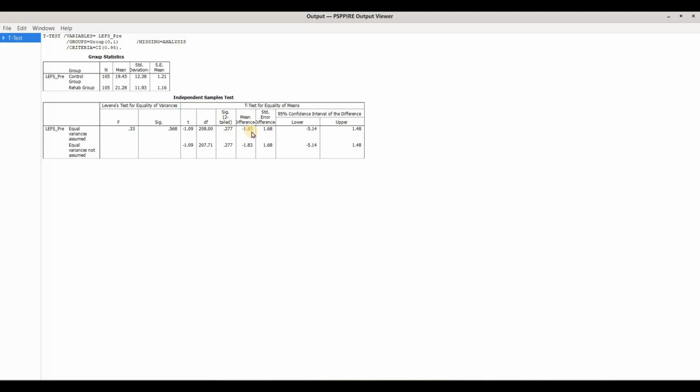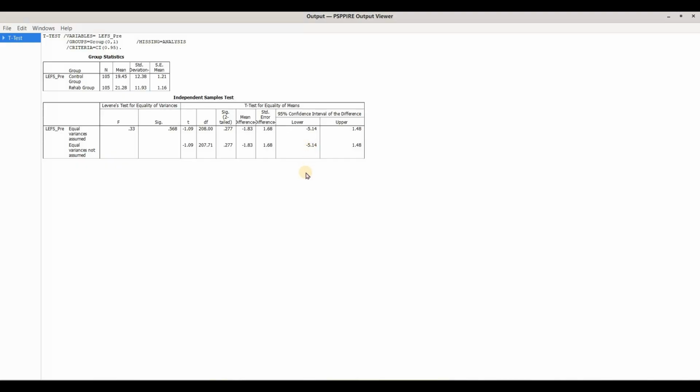And when we look at the mean difference, we get this value here, and we'll look at the confidence intervals. If you look, these confidence intervals include 0. So there's a chance that for the lower extremity functional scale score before intervention, the control group is not statistically different from the rehab group.